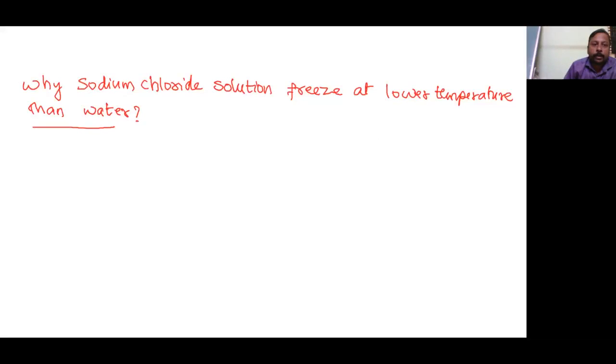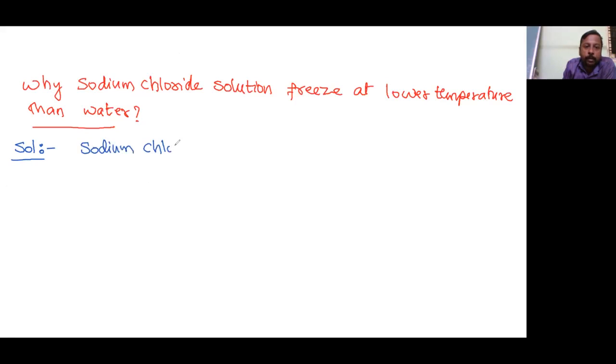Okay, next question is why sodium chloride solution freezes at lower temperature than water? Let me see, will you be able to write in detail with proper wording? Here I am explaining what words you have to use, scientific terms.